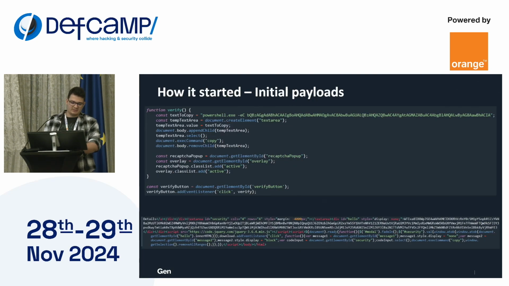Okay, we have another rendition, another variant of the payloads that they used. So we have just the entire payload in plain text and some logic to copy the command. We have the double base64 encoding of the payload in a hidden div.